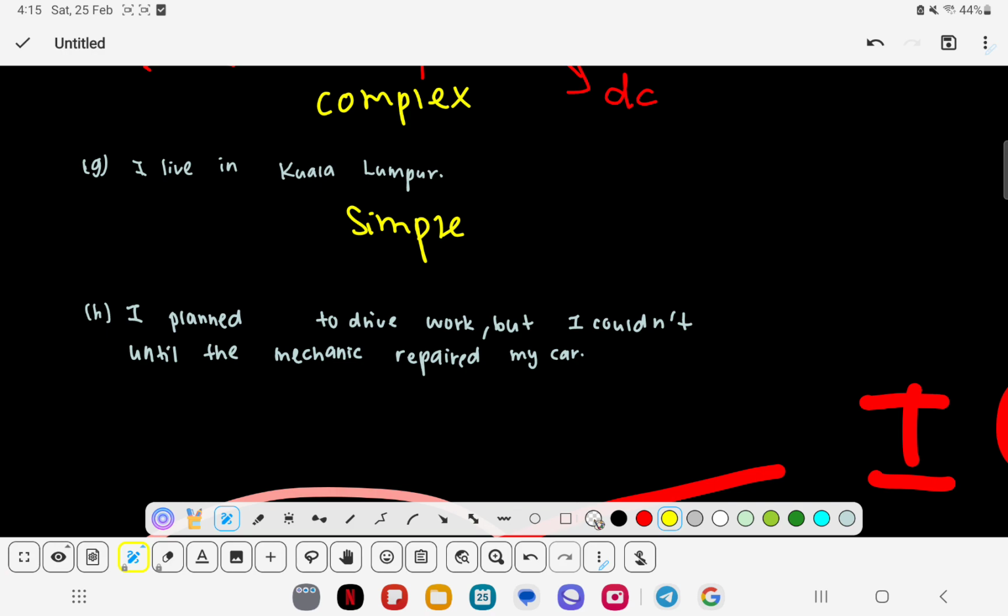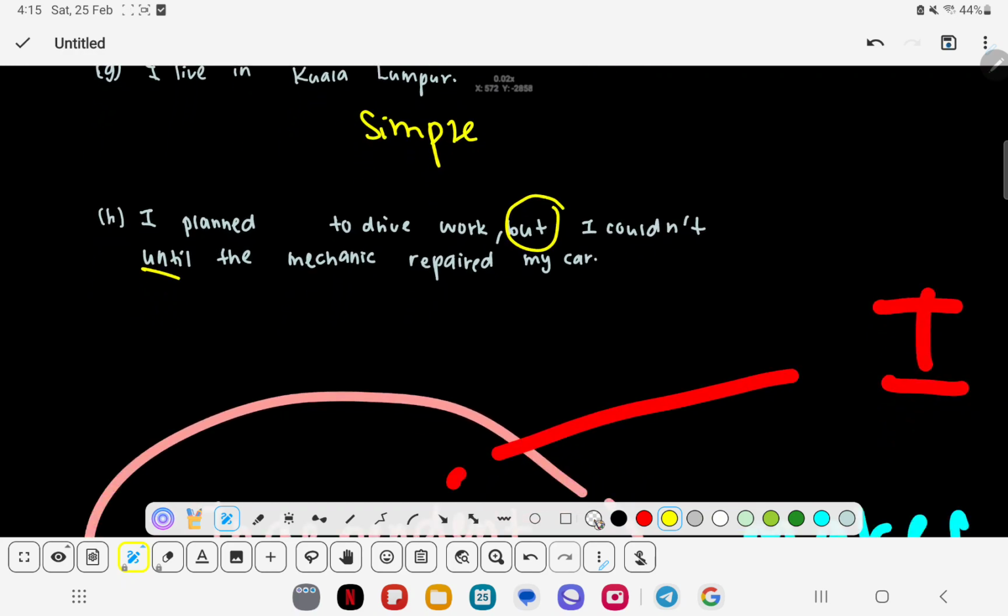Here we see but, and now we see until, which means it has basically two or three more clauses. It is definitely a compound complex sentence. I hope this has helped you. Okay, stay tuned for my next class. I will teach you more about English. Thank you.